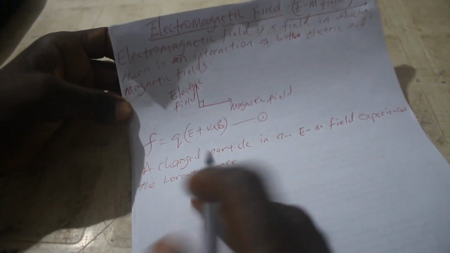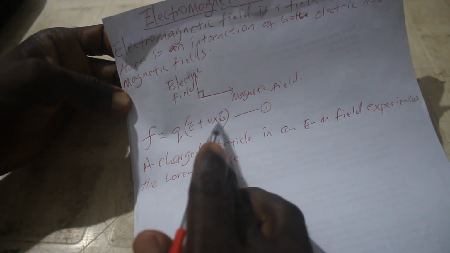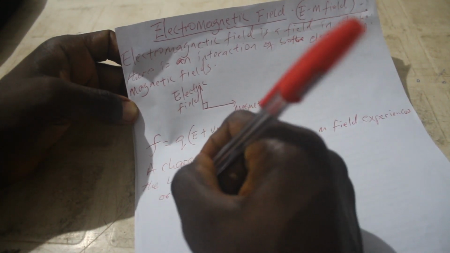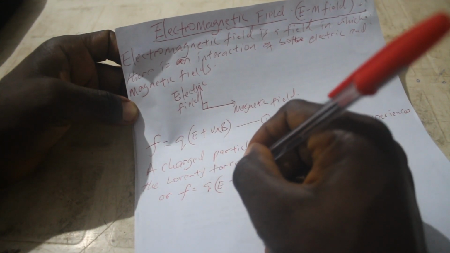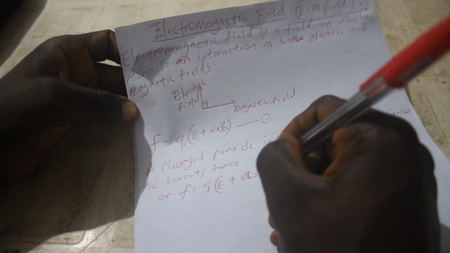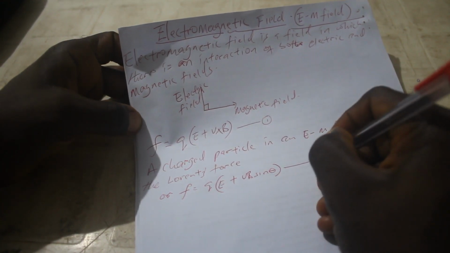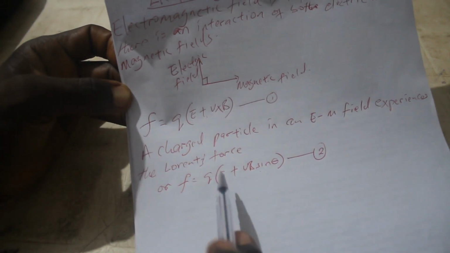And the Lorentz force, like I told you, is given by F is equal to Q(E plus V cross B), or it can also be given as F is equal to Q(E plus VB sine theta). Either of these two equations is fine.